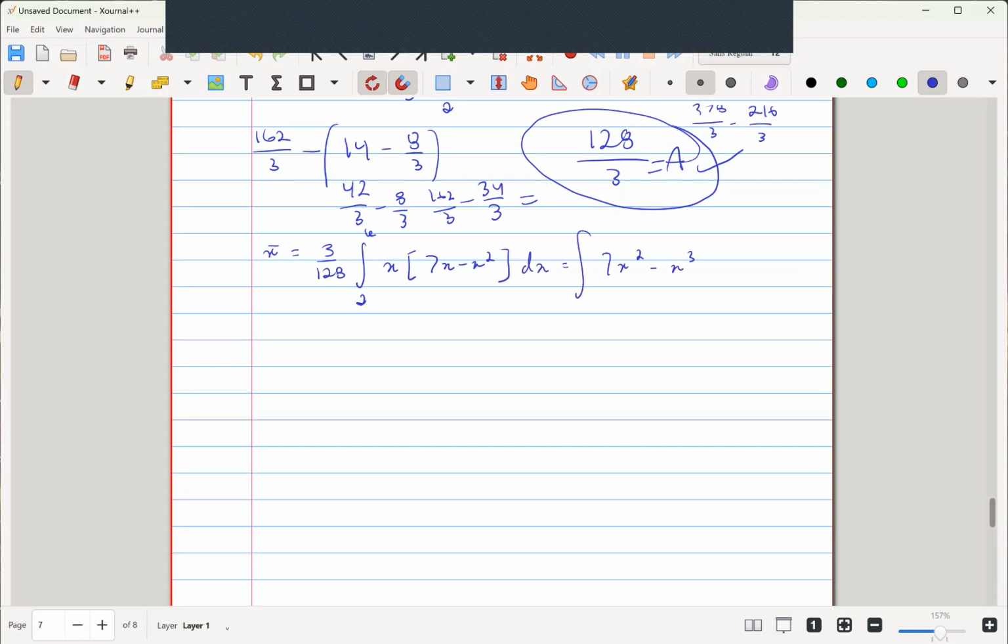Evaluate that integral. That is 7x cubed over 3 minus x to the 4th over 4 from 2 to 6. Now we don't forget our 2's.